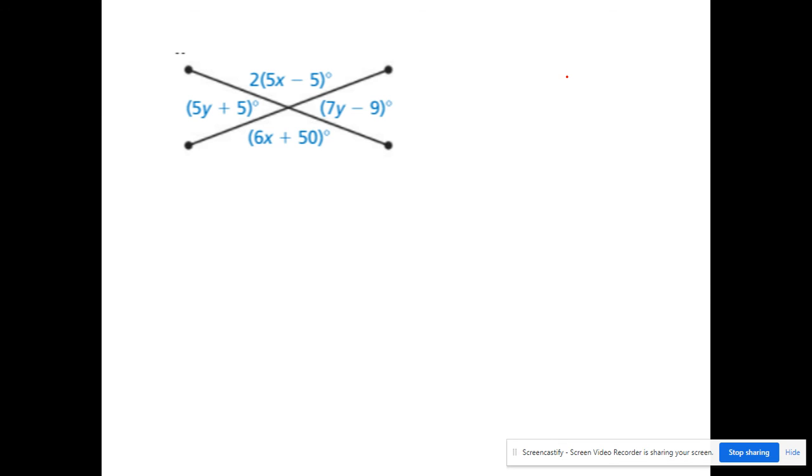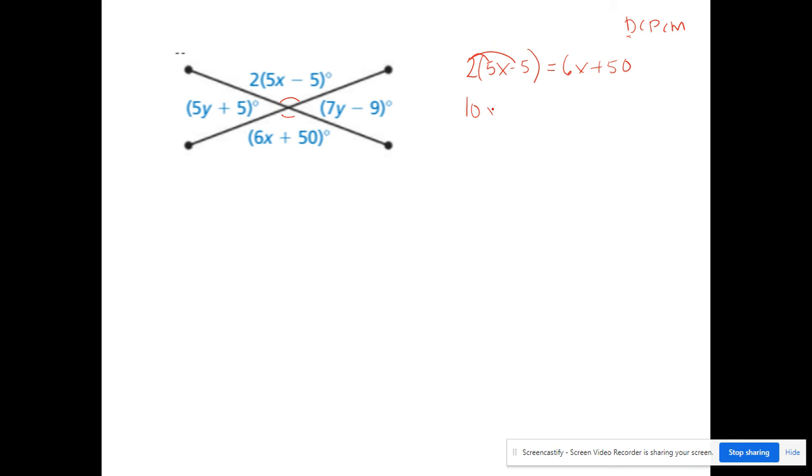All right, let's do one more. So let's look at this one. These two are vertical. So I've got 2 times 5x minus 5 equals 6x plus 50. So Dad can pick chocolate muffins. So I'm going to start with the D, which is distribution. So I'm going to distribute.